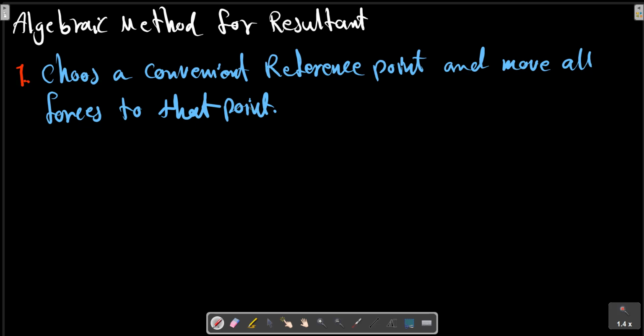This process is depicted for a 3-force system in the figure shown here.